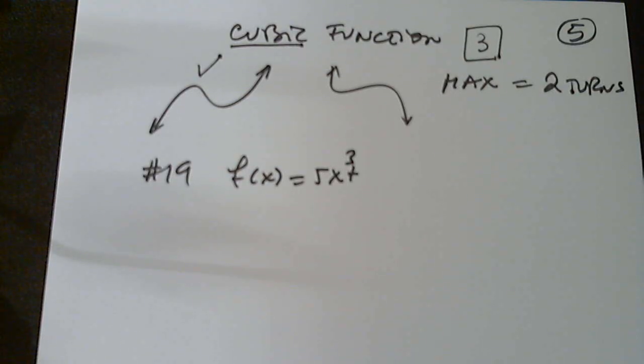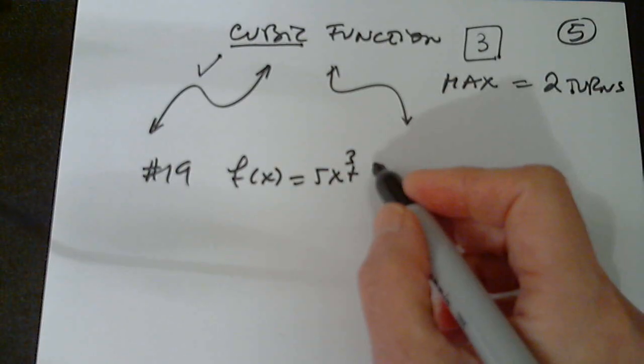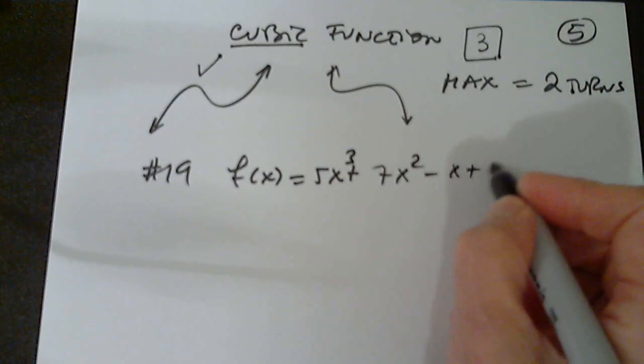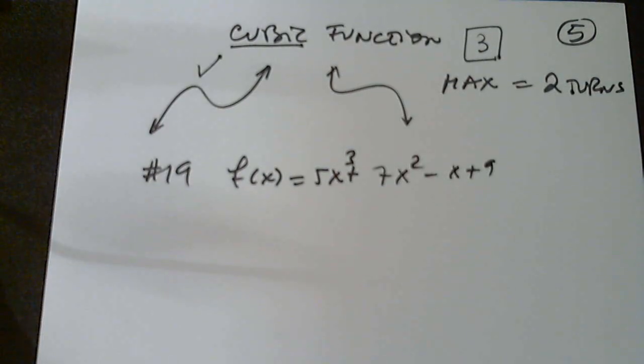It's up to you. As you see, all the other ones are a little bit easy to factor, easy to find the zeros. This is a different story. We can. So 5x cubed plus 7x squared minus x plus 9, you'll see what happens. So let's take a look for a moment. So this is degree 3.